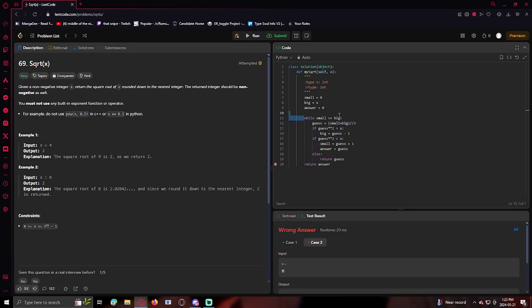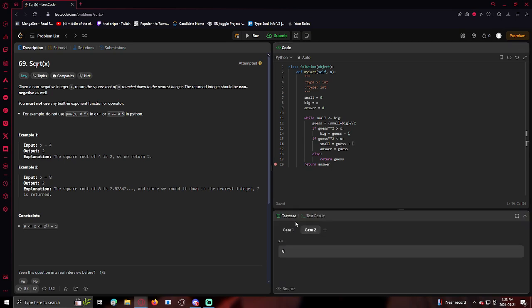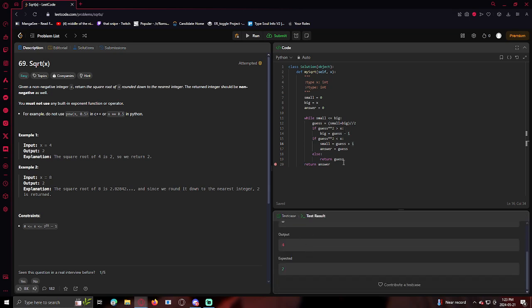We went out of the while loop. It's less than or equal to that. Okay, so this one worked easily, but for this one, our expected was 2.